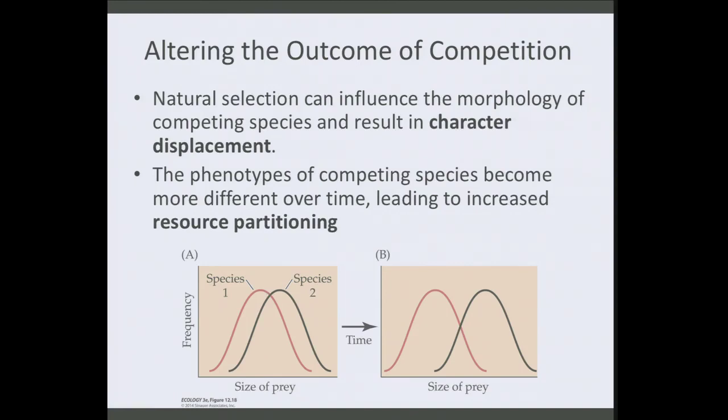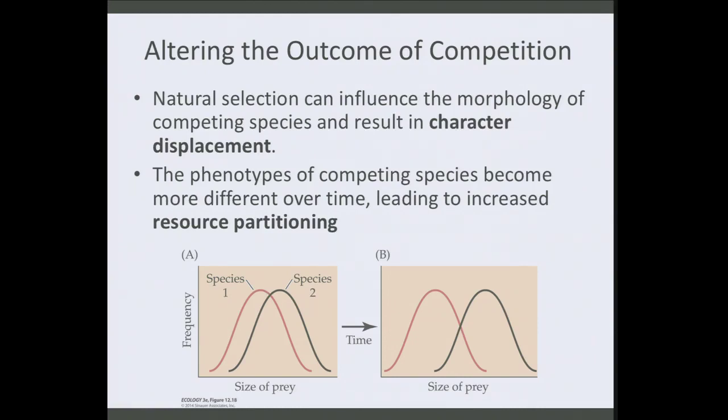And over time, what this does is it causes species 1 to become less similar, so more dissimilar from species 2. And they'll end up spreading out in terms of the prey that they feed upon. And if you look at the graph on the right, you'll see that since you have more individuals in species 1 surviving, feeding on small prey, and more individuals surviving and reproducing feeding on large prey in species 2, you end up with this separation.